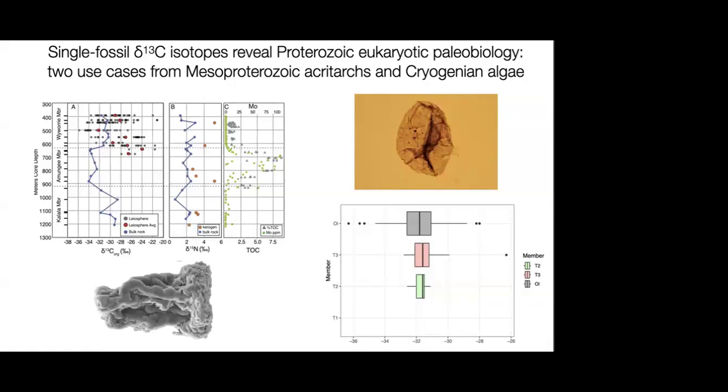Yeah. Okay. And then my other question was, you may have said this, but I missed it. In Brocks' work, in the 2023 paper, they found these sterols, as they call them, with the 24-methyl protosterols. Do you know where stratigraphically those samples come from relative to your data?